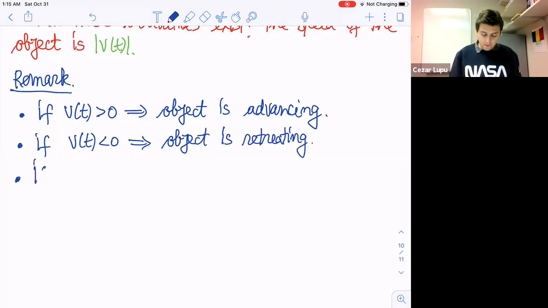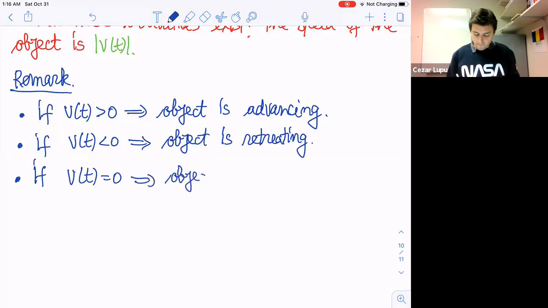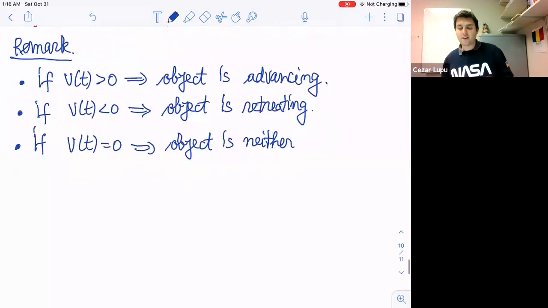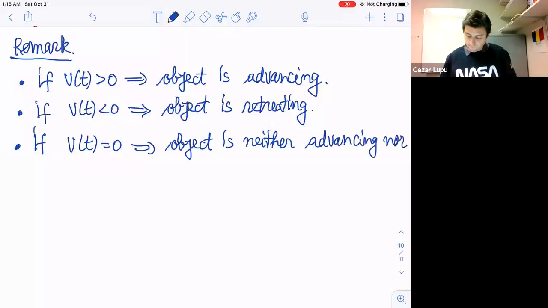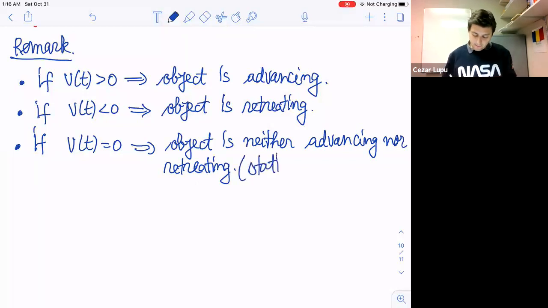Now, if the velocity v of t is 0, then the object is neither advancing nor retreating. We say it is stationary. That's how we call this.